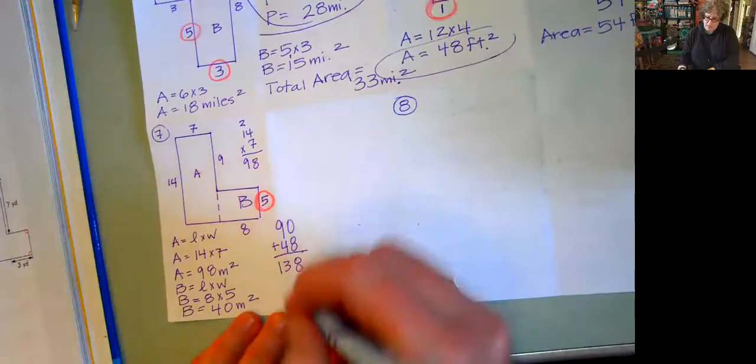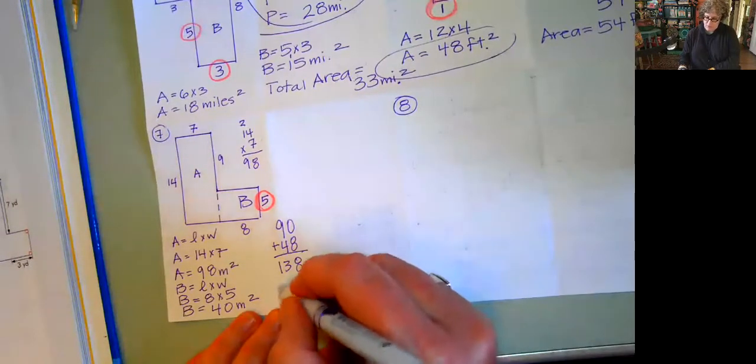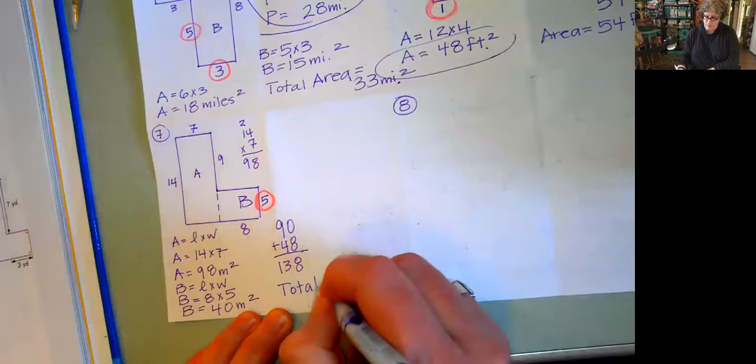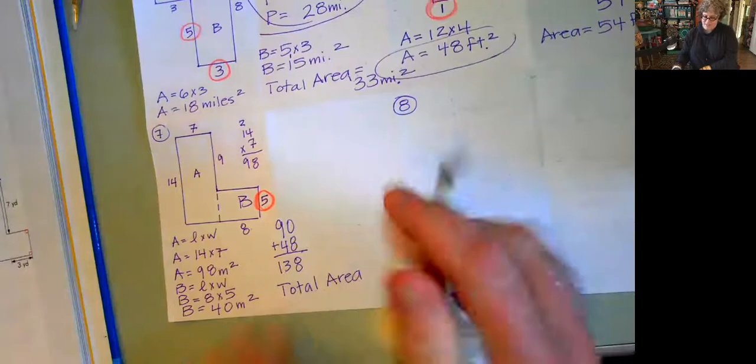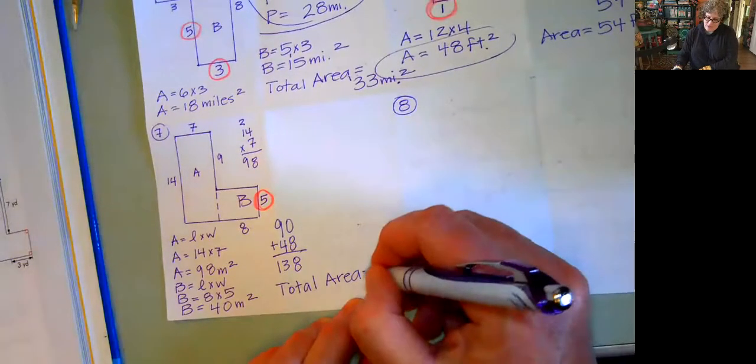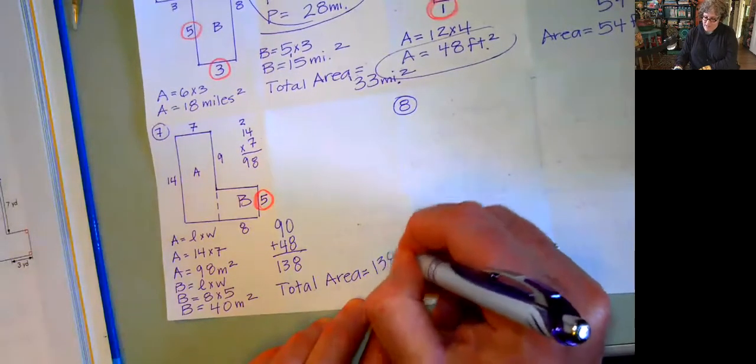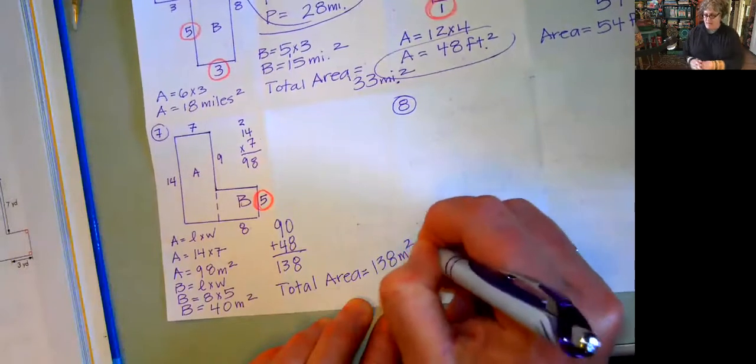And that's going to give me the total area. I did that one without even using the work area. It equals 138 meters squared because it's area.